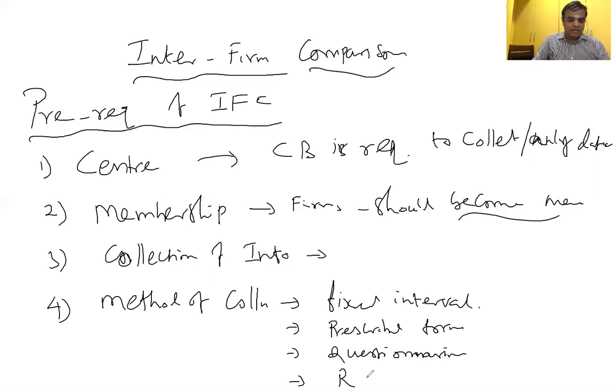The collected information we have to convert into ratios with meaningful information, and everything we have to convert into a report. So these are all the prerequisites with respect to inter-firm comparison: center, membership, collection of information, and method of collection.